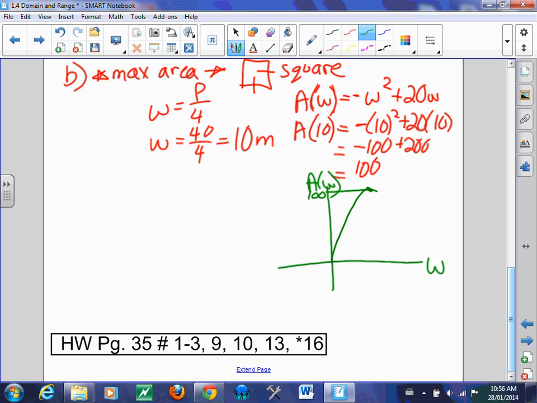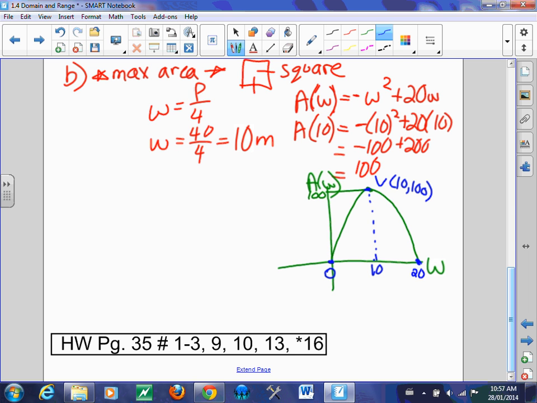We know, ladies and gentlemen, that it took us a width of 10 to get to our maximum area of 100, so our vertex there is (10, 100). What would be our limits to our parabola in this case? The minimum value of width would be what? 0, and your maximum has got to be symmetrical, so it's got to be 20.